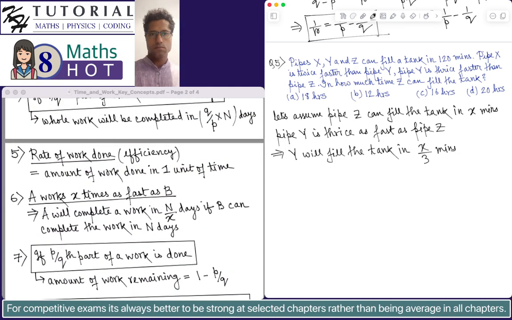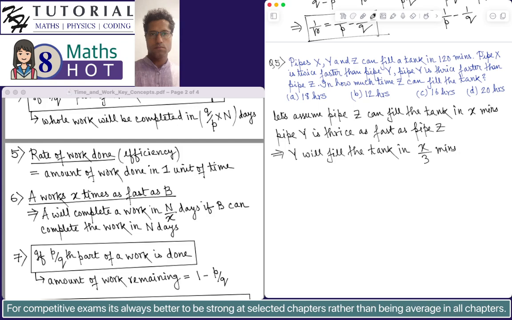concept 6. If A works x times as fast as B, this will mean that A will complete the work in n by x days if B can complete the work in n days. This will also work for pipe and tank. If we know that pipe Z can fill the tank in x minutes, and pipe Y is 3 times as fast as pipe Z, then pipe Y will fill the tank in x by 3 minutes.